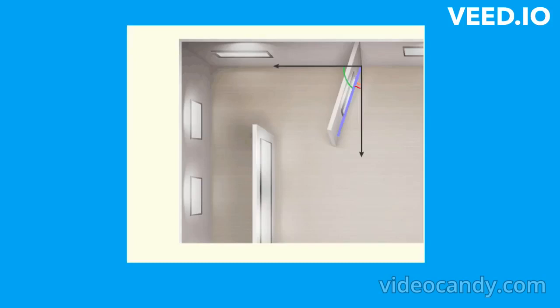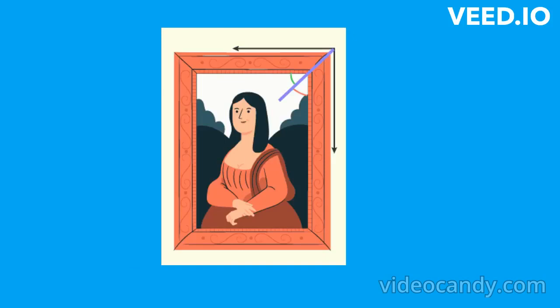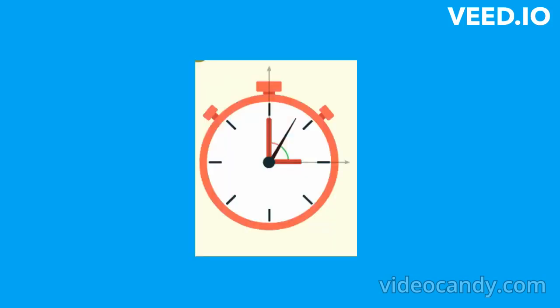One angle is here, the other one is on the other side, this one. So these two angles when added up make 90 degrees. Two angles adding up to 90 degrees, which is a right angle.